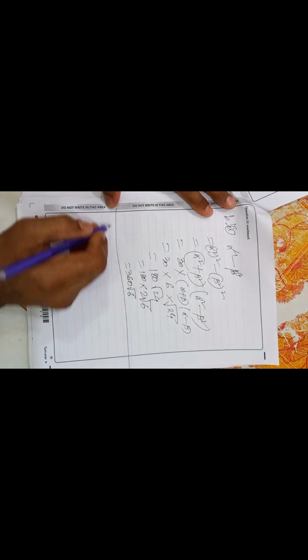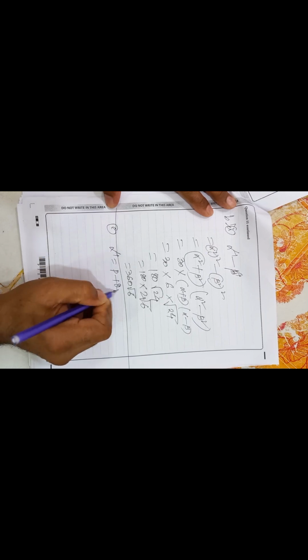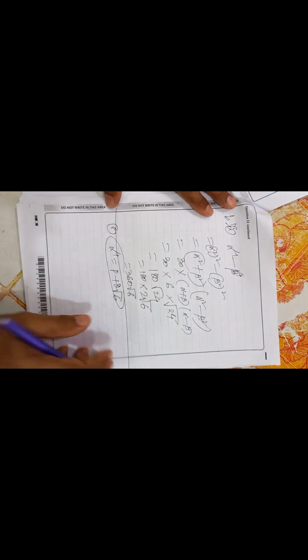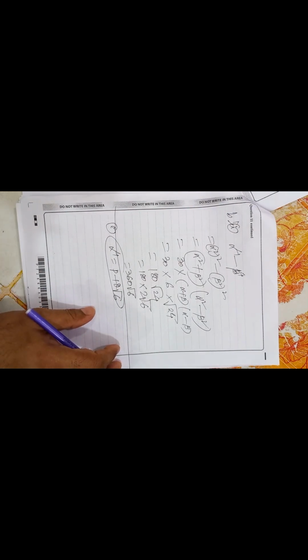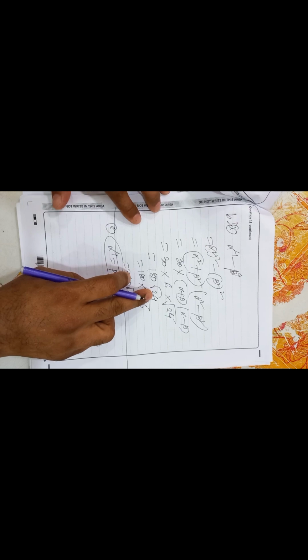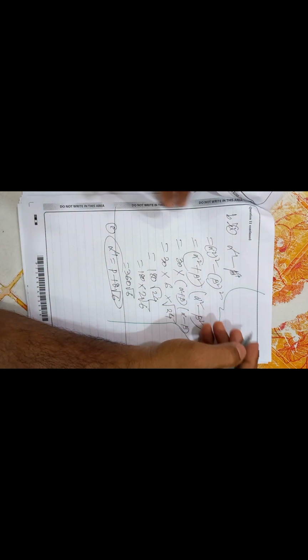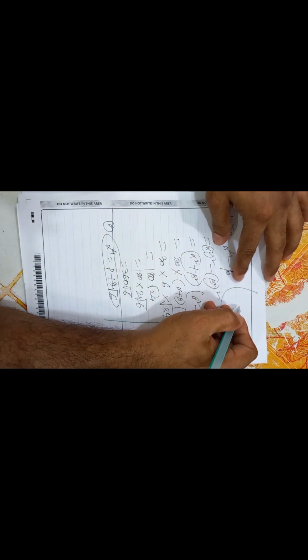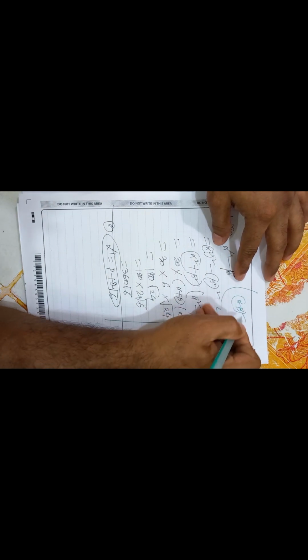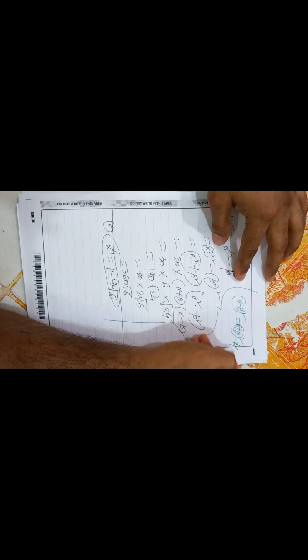Now number c, given alpha 4 equal to p plus q root 6, we need to find alpha to the power 4. So how can we find alpha 4? How did we get this root 24? You might ask this question. If I show in detail, we know alpha minus beta whole square equal to alpha plus beta whole square minus 4 alpha beta.